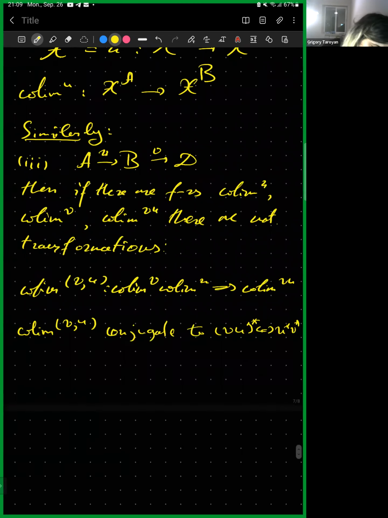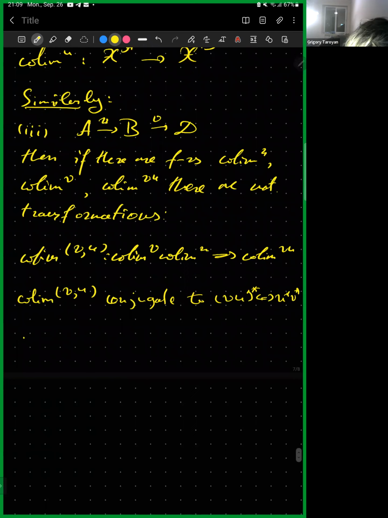And now we observe that colimit and limit functors are composable. So assume once again that we have two composable functors between index categories.